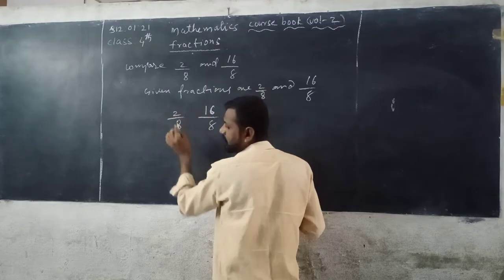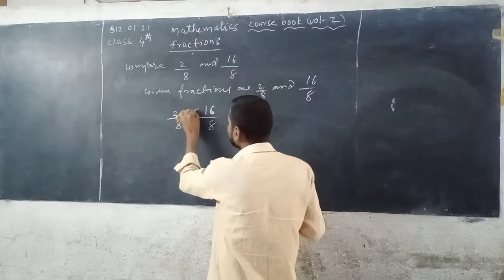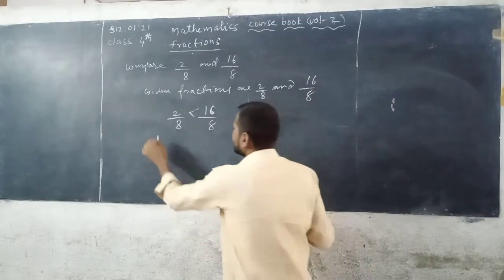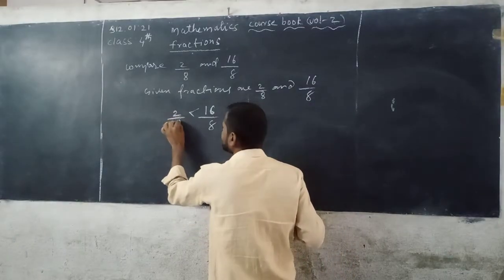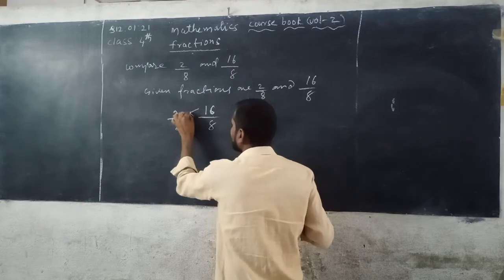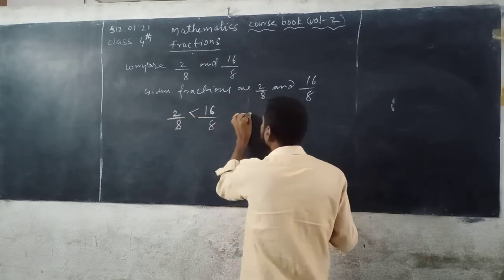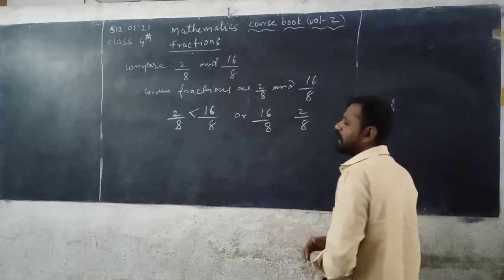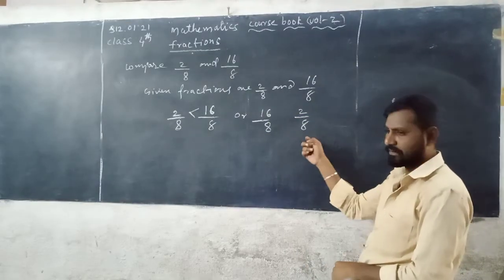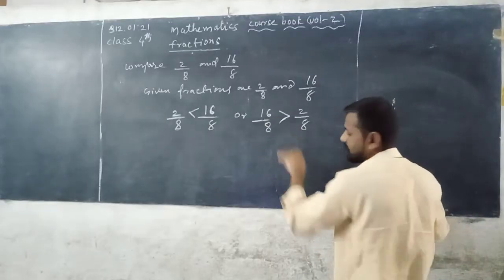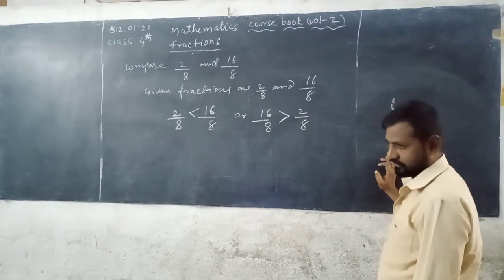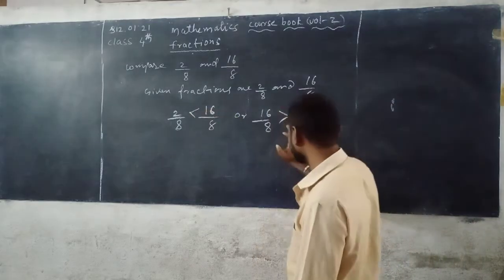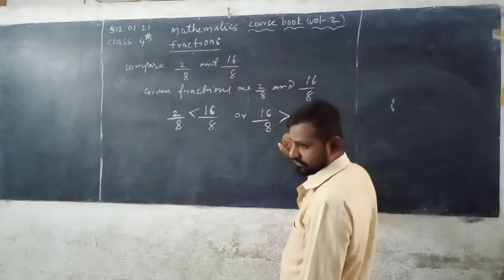So you can write the less than symbol: 2 by 8 is less than 16 by 8, or 16 by 8 is greater than 2 by 8. Here also the denominator is the same, but here you can use the greater than symbol.